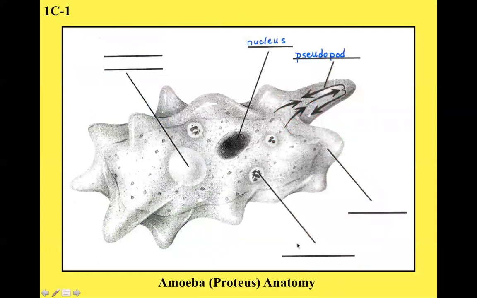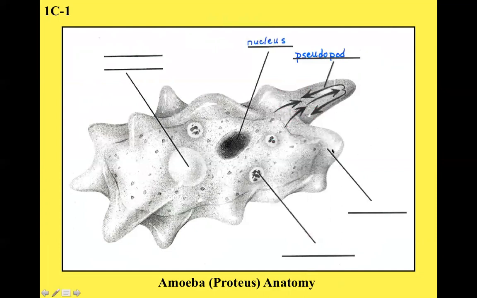And here is an example of a single-celled organism. In other words, this is a funny shaped cell. It's not entirely round, but this is a single-celled organism called an amoeba, and it can live all by itself. You see it's got a nucleus, and it's got these little feet called pseudopods. It doesn't get up and walk around, but it extends these little extensions, and the rest of the body will catch up, and then it extends out another one.